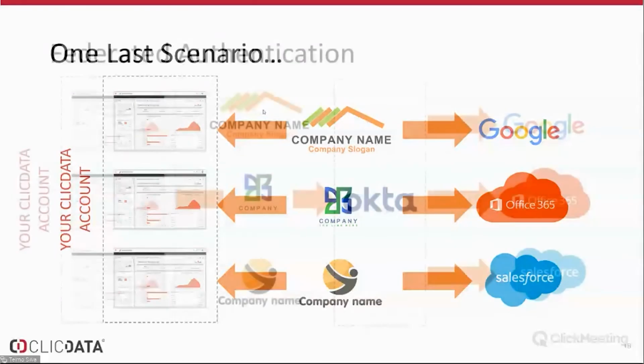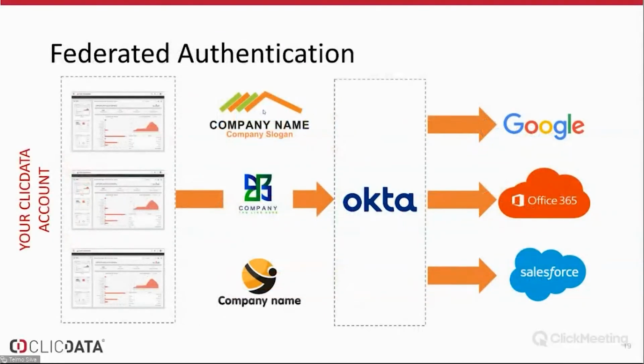So this is where systems such as OKTA and what I call federated authentication come into place. With OKTA, and again, there are others, including Office 365 and Google themselves and OneLogin, what you can do is centralize all that into OKTA. What I mean by that is that you're not going to add the usernames of your customers into OKTA, or your own, by the way.